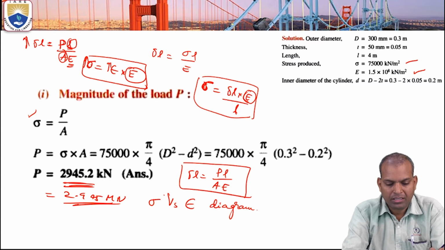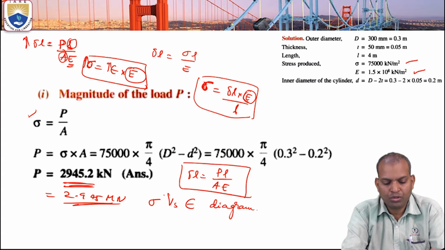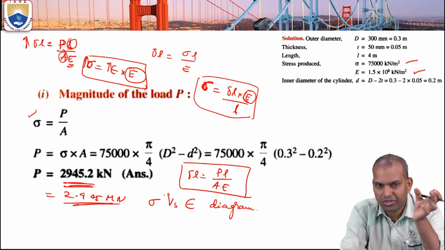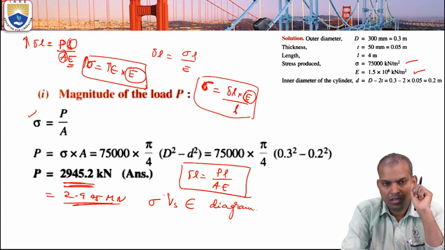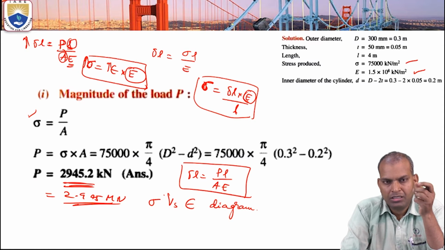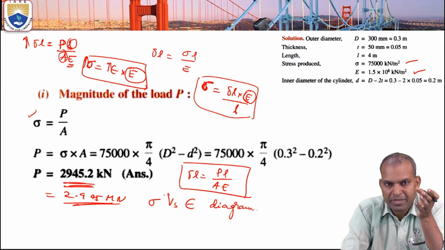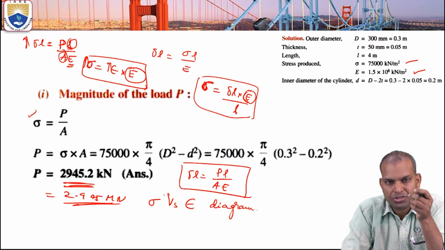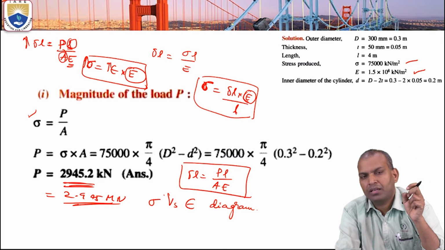Coming to another picture, if you want to study the stress and strain properties, we have to study the mechanical properties. There are two stress-strain diagrams: the stress-strain diagram for brittle materials is different from that for ductile materials. Brittleness and ductility come under the category of the properties of materials.